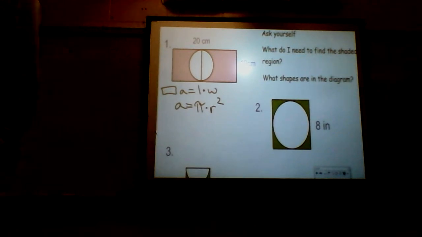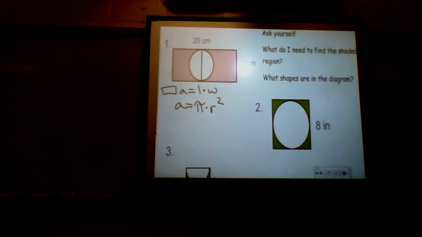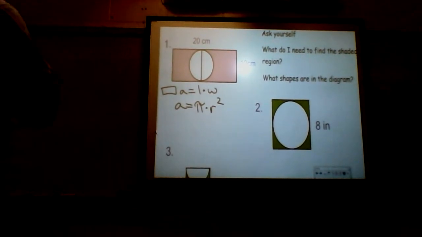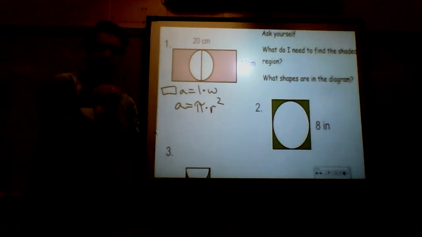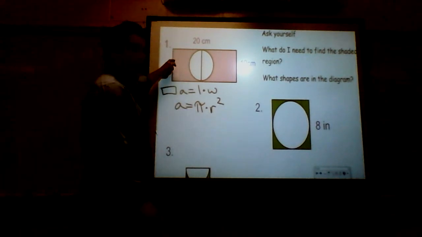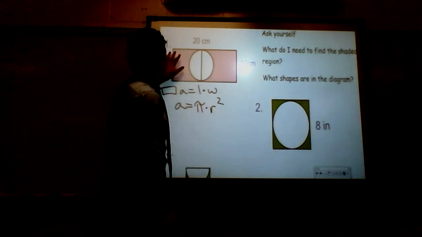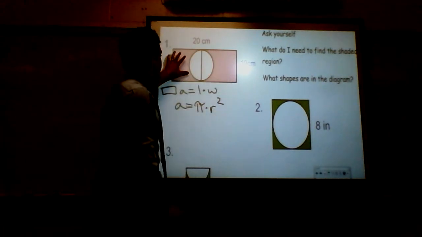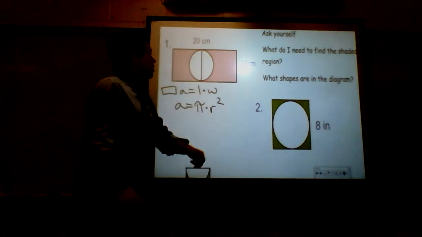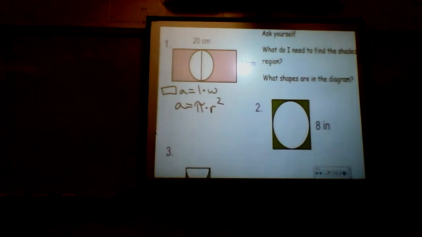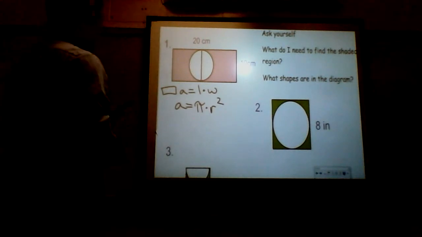There's some information I need here. All I want is the area of the shaded region. So here's what I'm thinking. If the entire rectangle were shaded, if all of this was shaded, the area would be length times width, 20 times 10, which is 200.